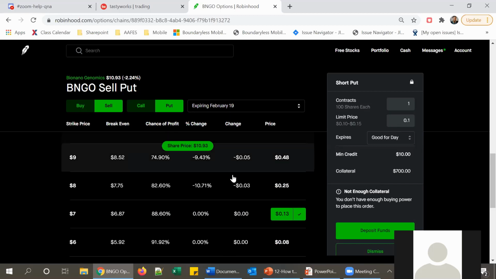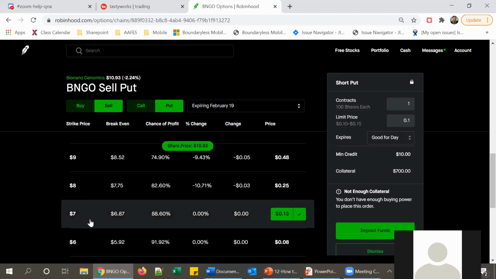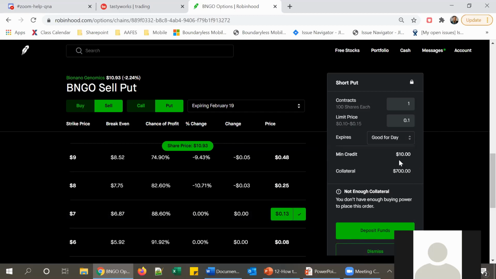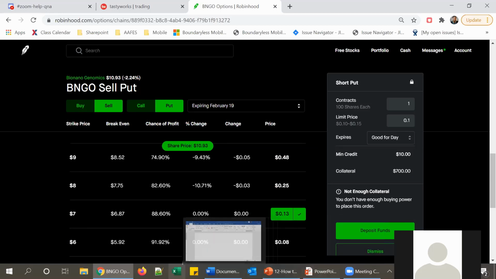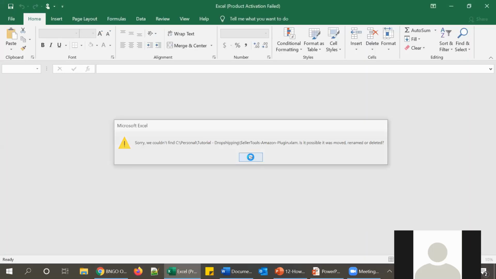If I am keeping a $7 strike, I am going to get $10, and that is my passive income here. I'm putting a collateral of $700 in Robinhood for that.